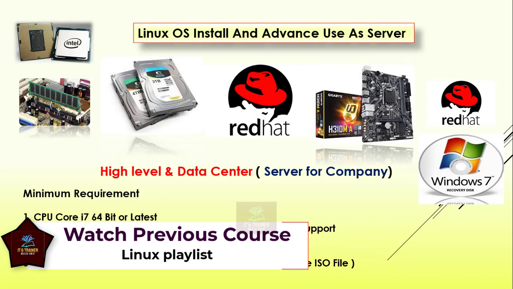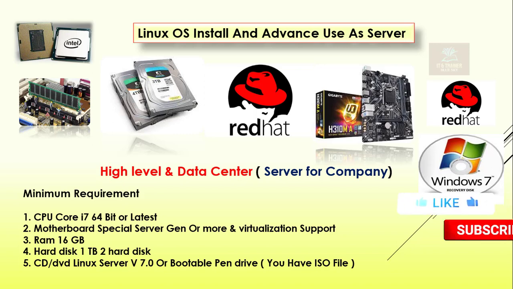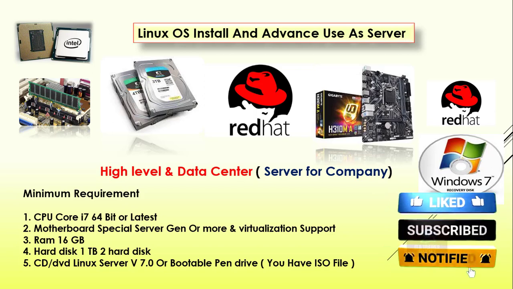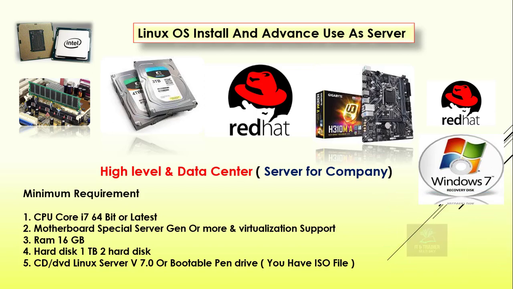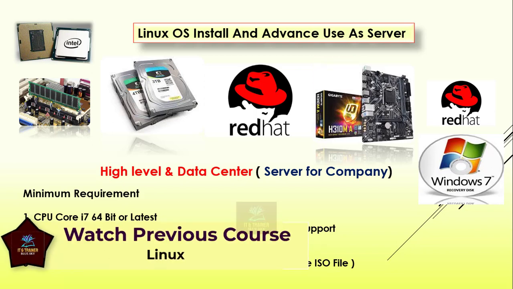If you have watched my previous videos, you automatically understand what a server is and what a desktop is, but I am giving the information again. The server operating system is different and the desktop is different. The server CD/DVD is different, and server installation is a different system, but you can install it through a bootable pen drive.